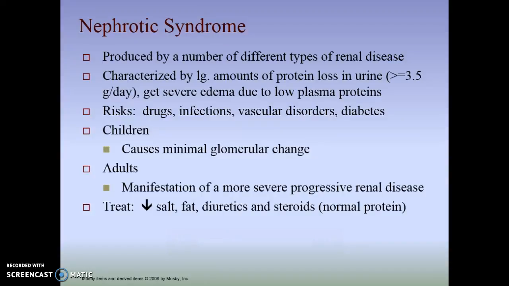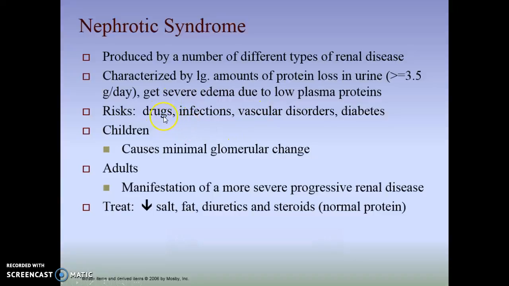So glomerular disorders can be classified according to how severe they are, and you can develop what's called nephrotic syndrome, produced by a number of different types of renal diseases. This is characterized by large amounts of protein loss in the urine. The person will develop severe edema due to the low plasma proteins.